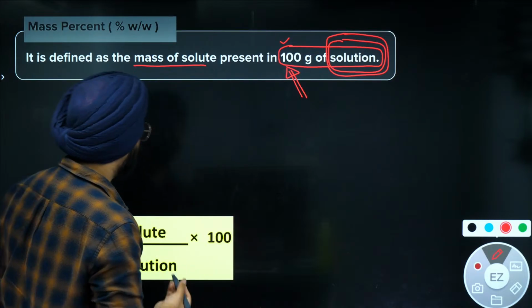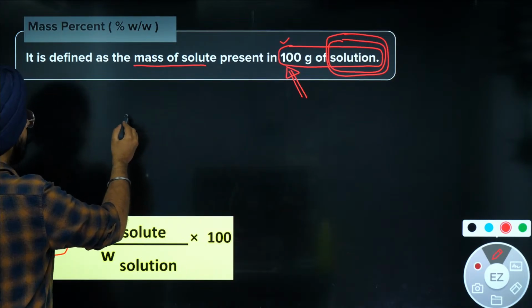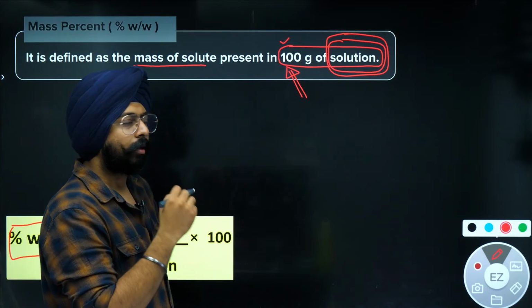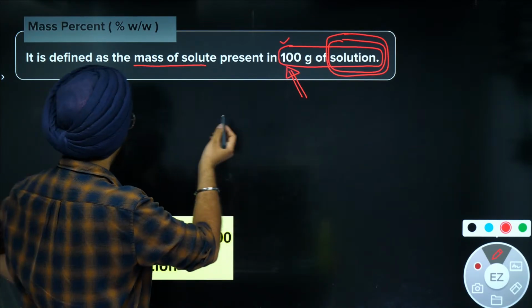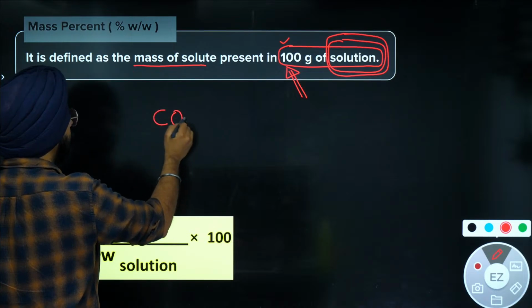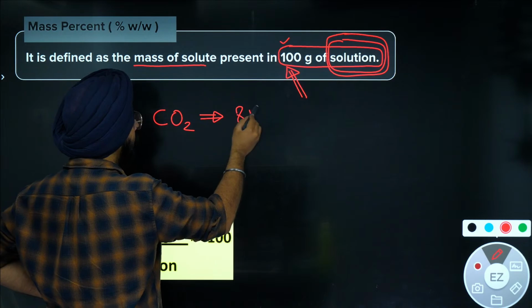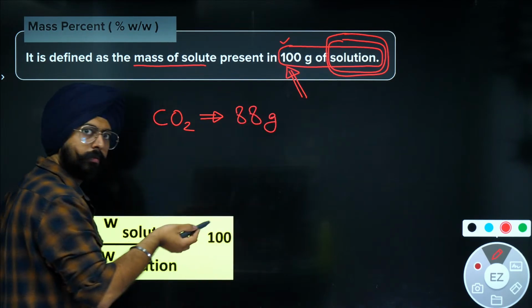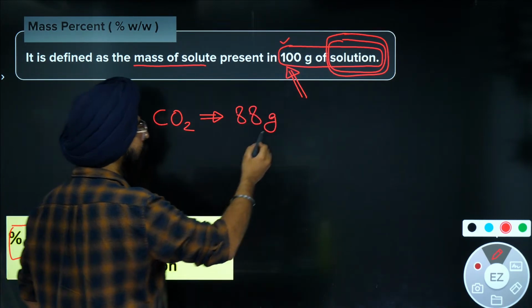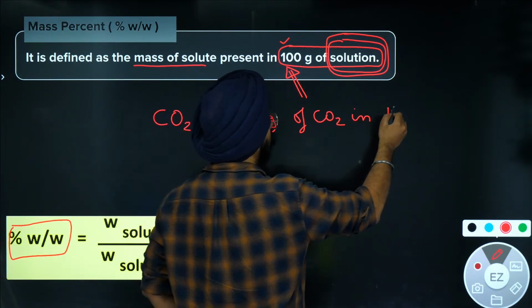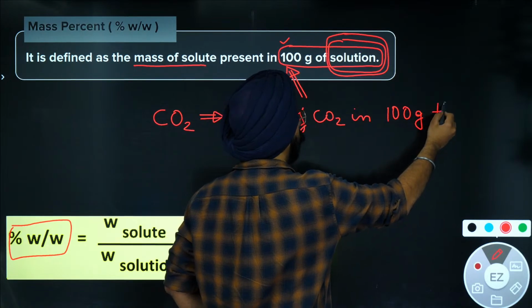So now let me give you an example. Say I dissolve, let's take CO2, for the fun of it. I dissolve CO2, let's say 88 grams of CO2 in 100 grams of water.